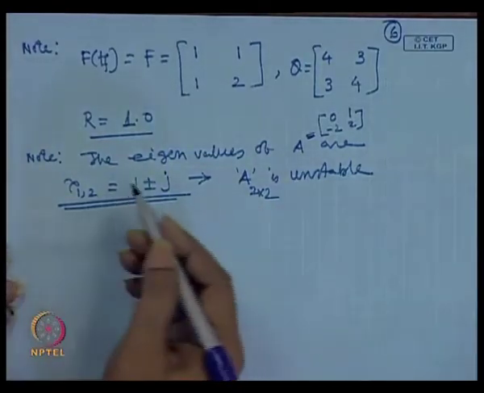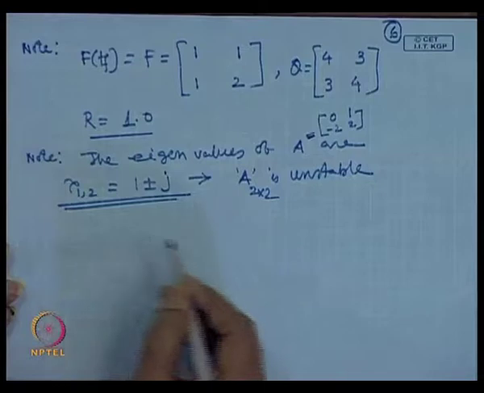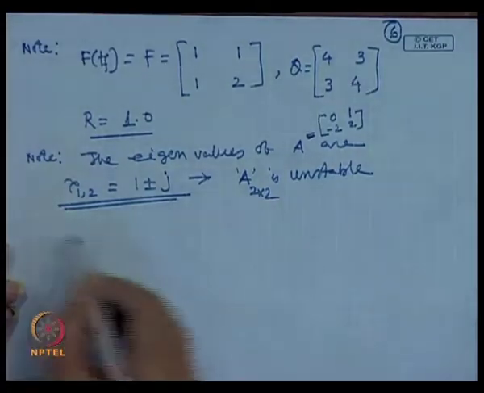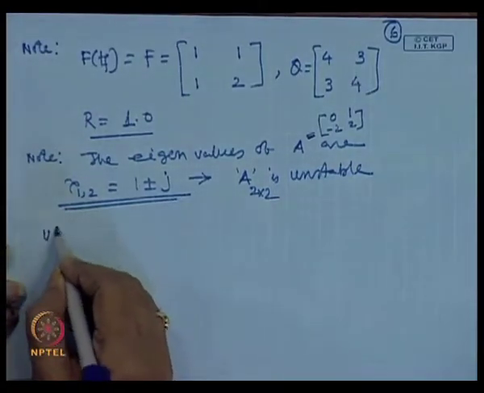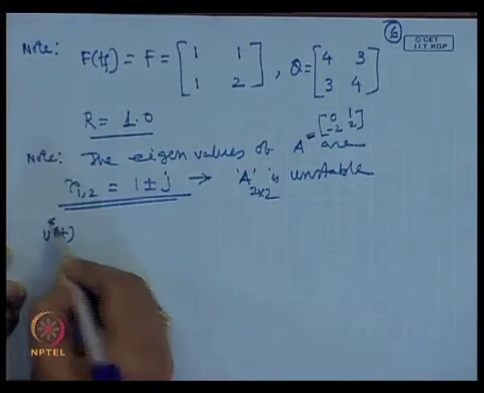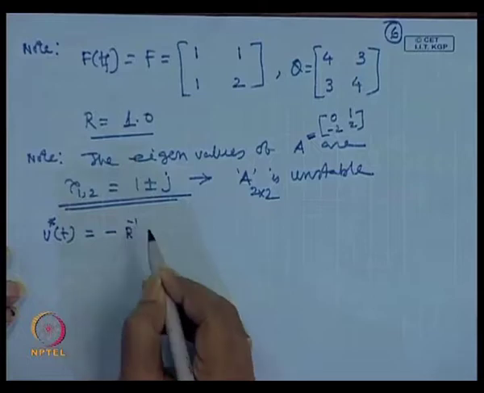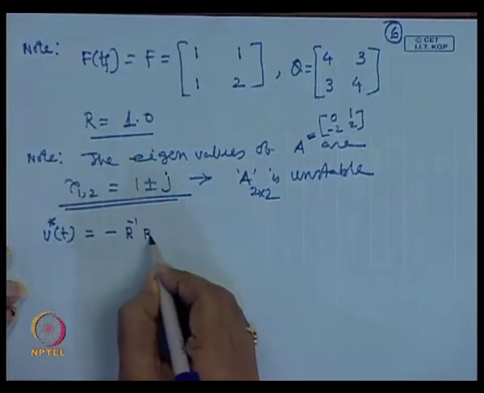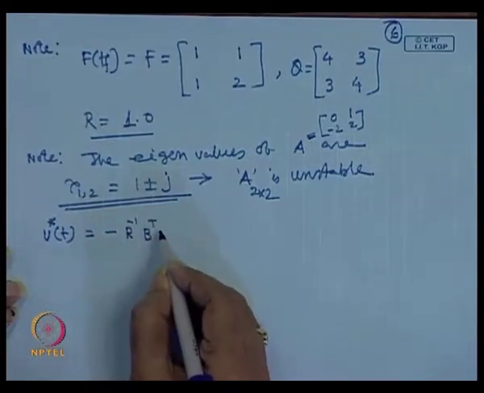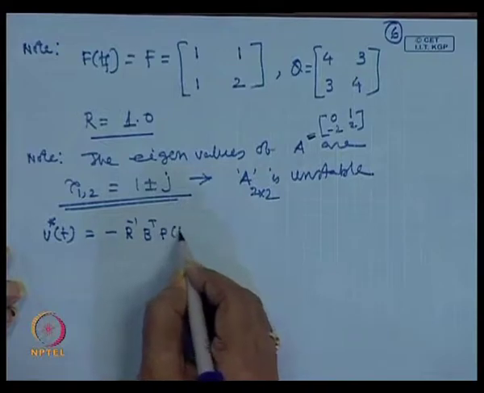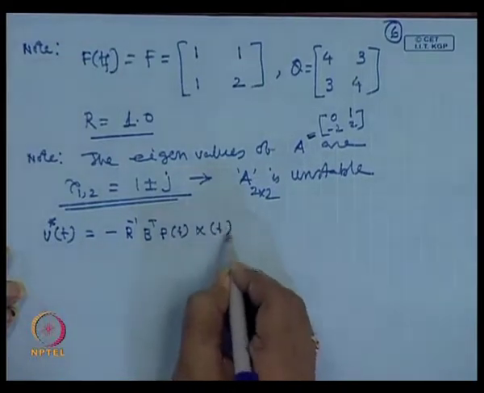So now let us solve this problem, how we will solve it. u star of t, our optimal control law, is nothing but minus R inverse B transpose P of t x of t.